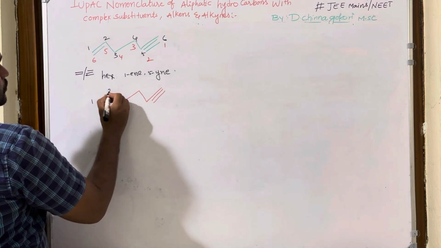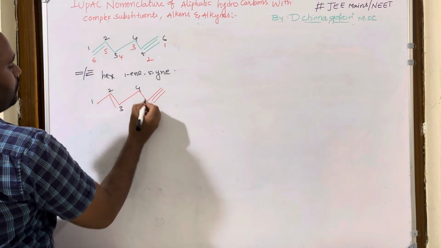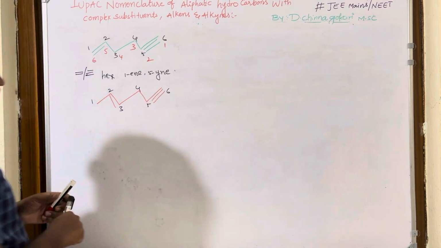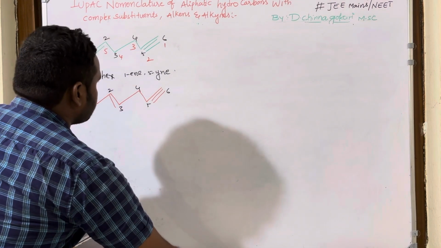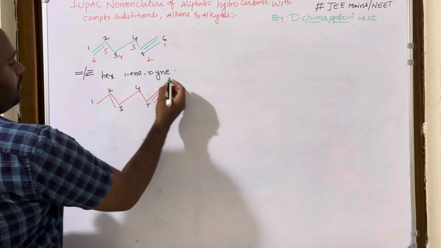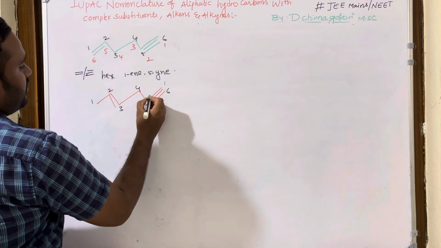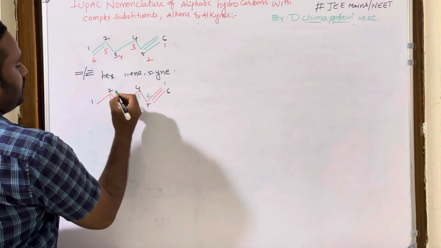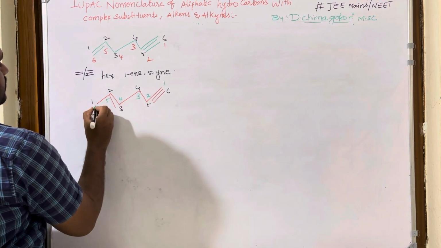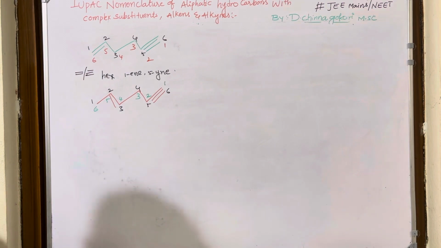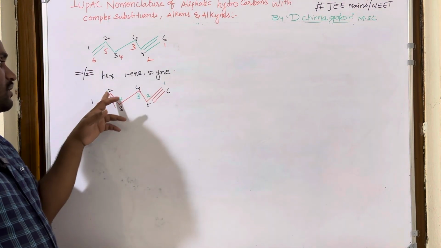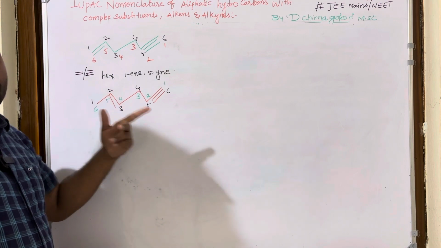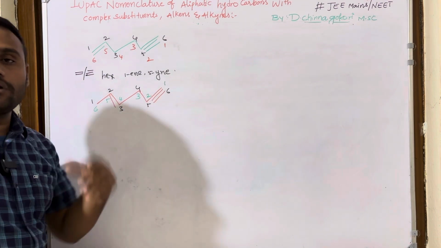So 1, 2, 3, 4, 5, 6, and let us give numbering from right to left. 1, 2, 3, 4, 5, 6. Here we are getting position 1 and from this side 2. So according to the first point of reference, 1 only is correct.